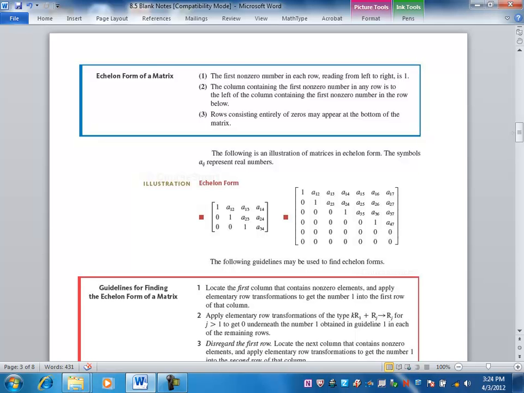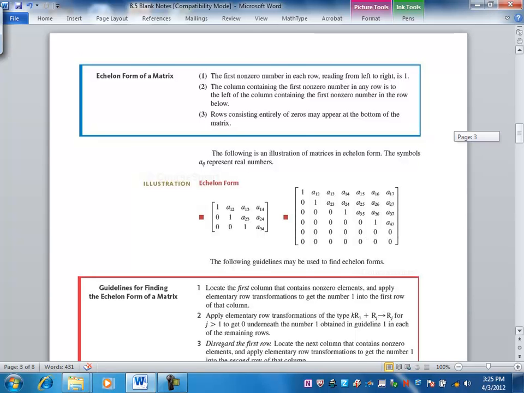In other words, what you notice here, we've got a 1, everything below it are zeros. Then we move over, we've got a 1, everything below it are zeros. We don't have to have a 1, but once this 1 has been put here, everything here needs to be a 0, etc. Rows consisting entirely of zeros may appear at the bottom of the matrix if you so desire. They do not have to appear at all.